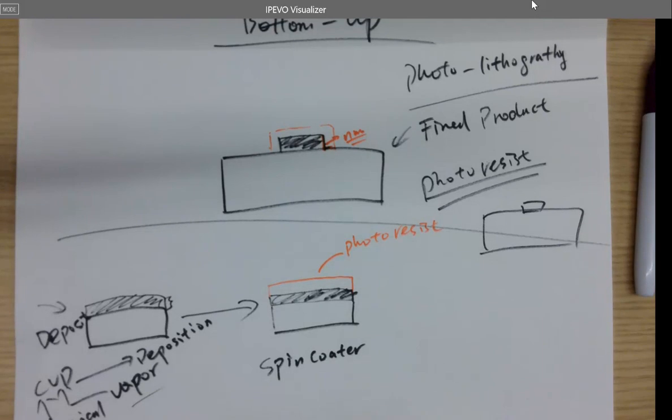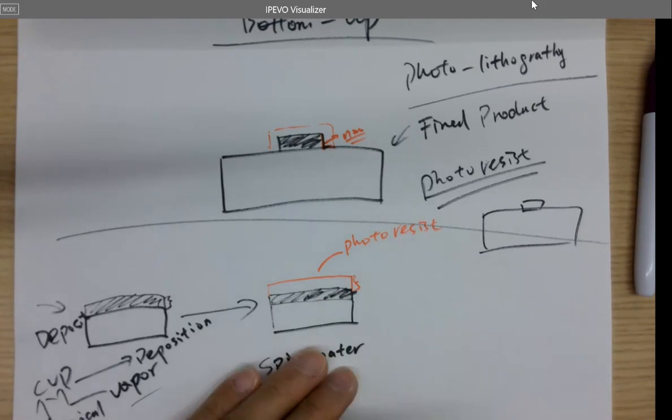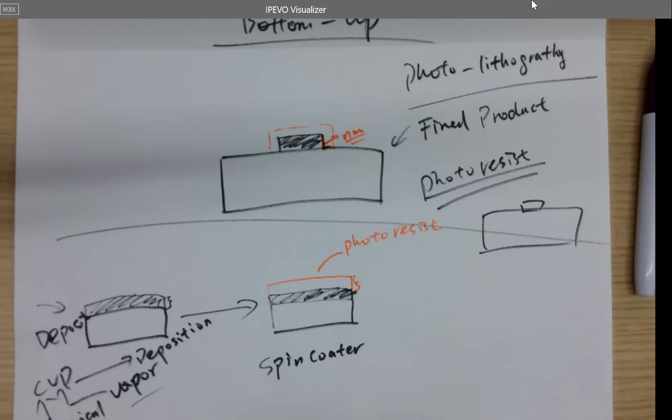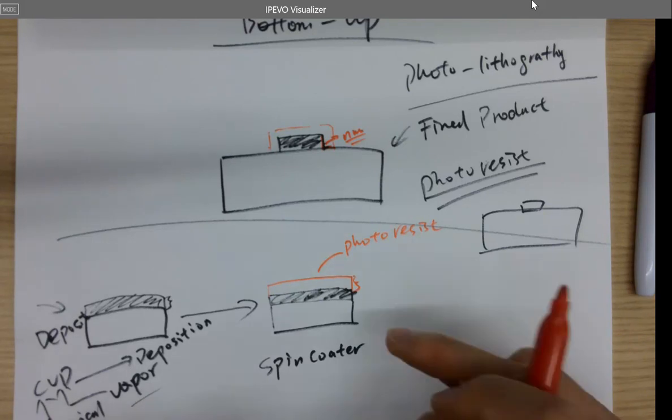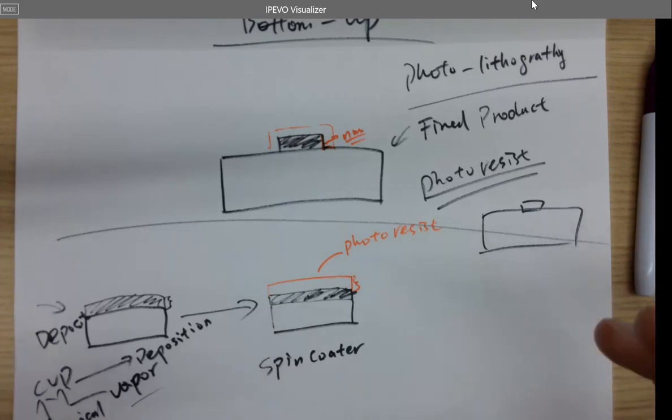So how do you know the thickness of it? What's going to determine the thickness? It's just how fast you spin it, and also the density of the photoresist. If you have a different material or one from a different vendor, you may need a different speed. If it's thicker, then you probably need to spin it faster to get the same thickness of the photoresist.